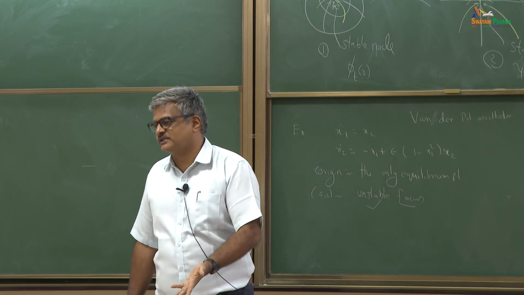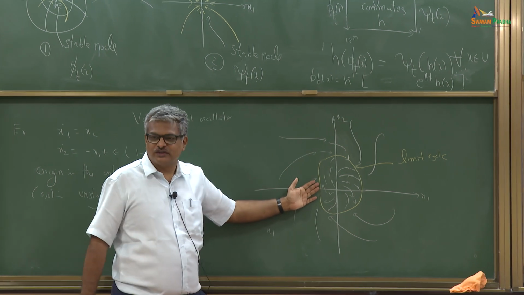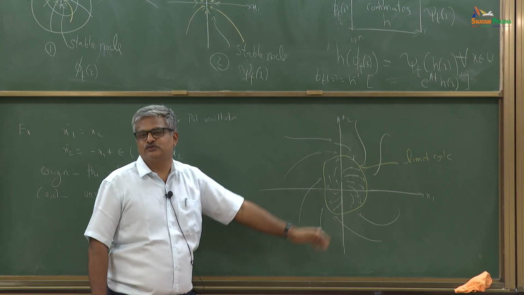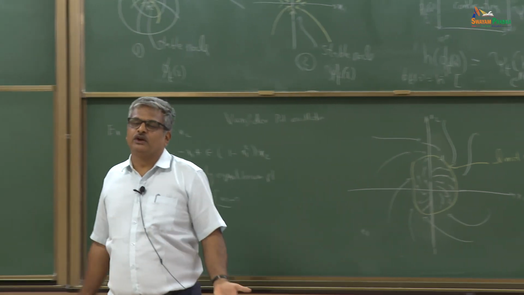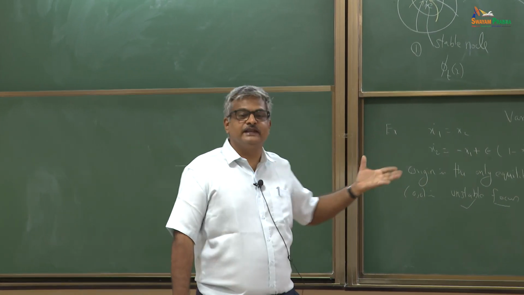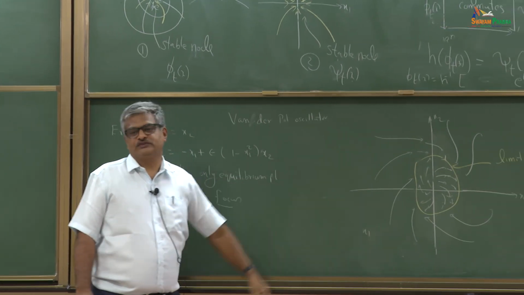That means it is not robust. Whereas here, you designed it for one periodic solution. If you perturb it, it will approach this periodic solution, eventually. That is the nice thing about this van der Pol oscillator.